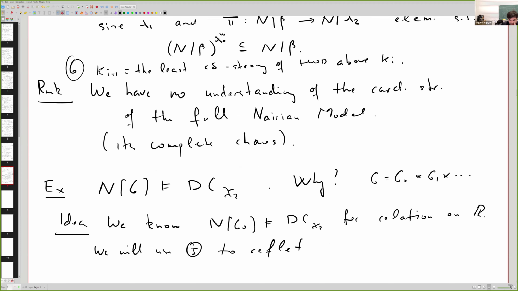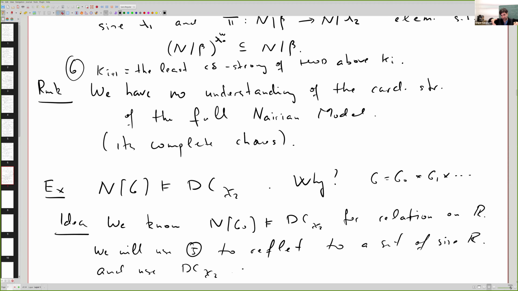Reflect to a set of size R and use DC Aleph 2. Right, so you have some big relation, and you want to prove you can make Aleph 2 many choices. But the relation is giant, so you would like to reflect it down to the reals, but there is going to be a caveat.